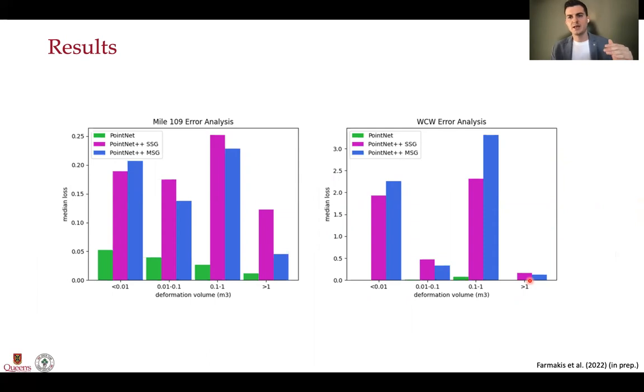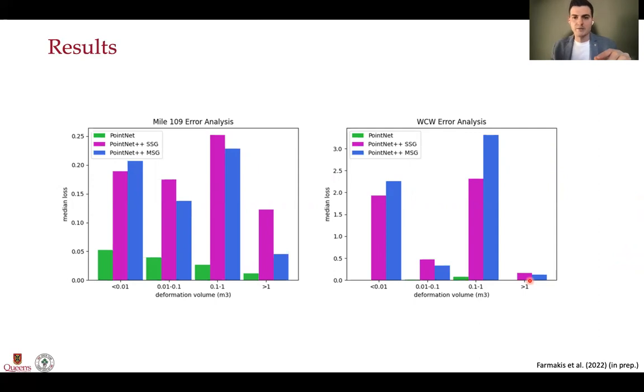there is a decreasing loss, meaning an increasing confidence in the PointNet predictions as the volume increases, which verifies our hypothesis on human level performance and our experience on that.